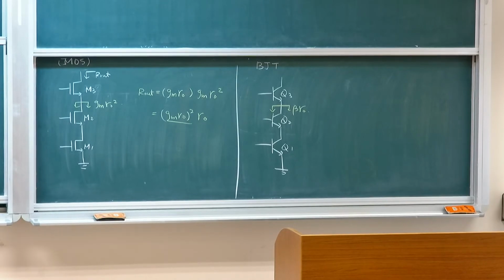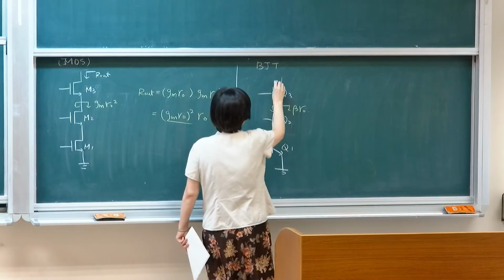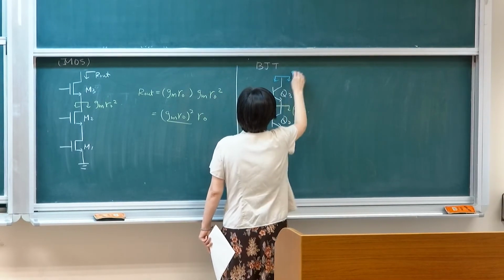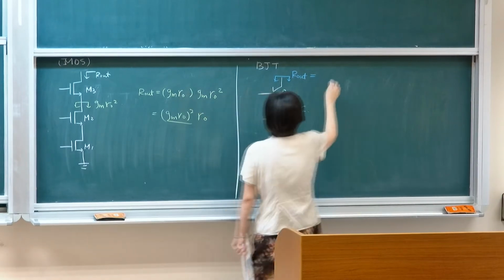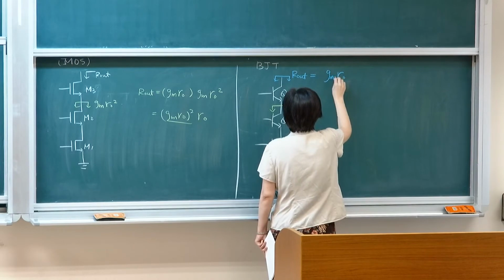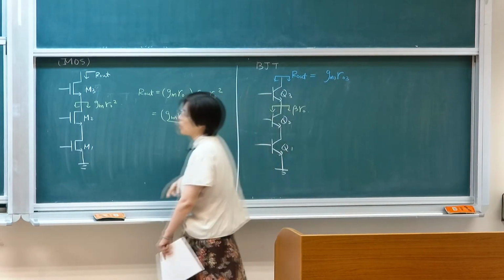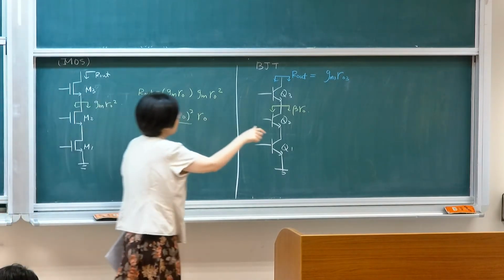So based on this equation, if I'm looking down from here, my RO should be GM RO. I'm just going to highlight 3 for now. Just make sure that you know that it's being amplified by the top transistor.